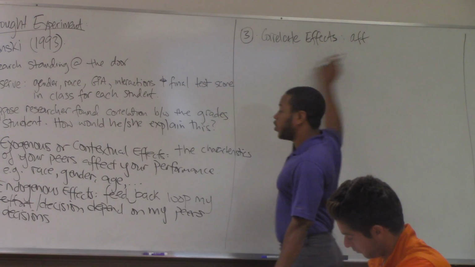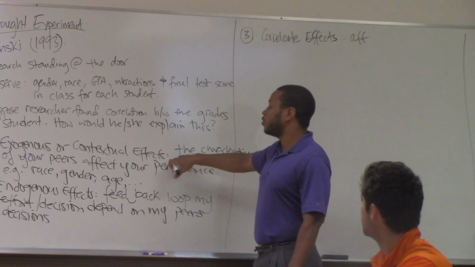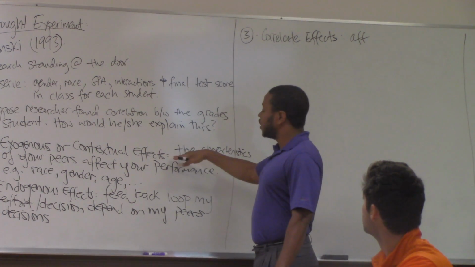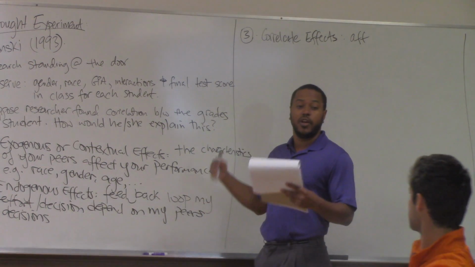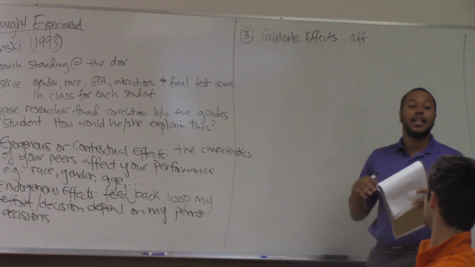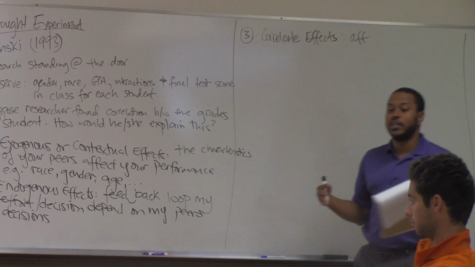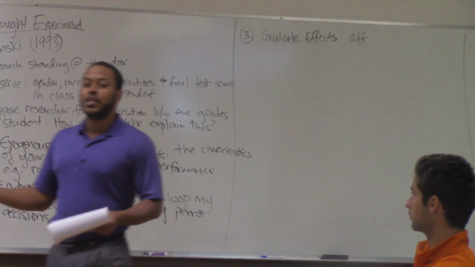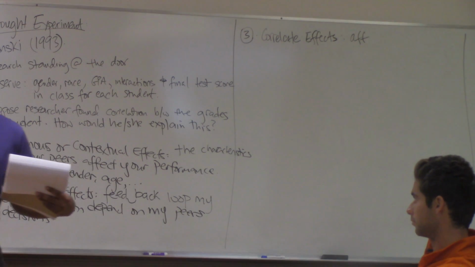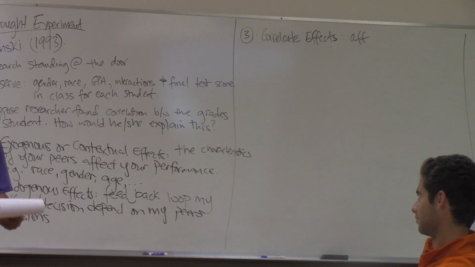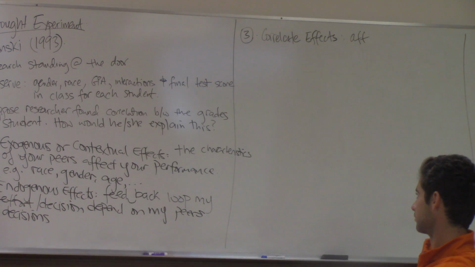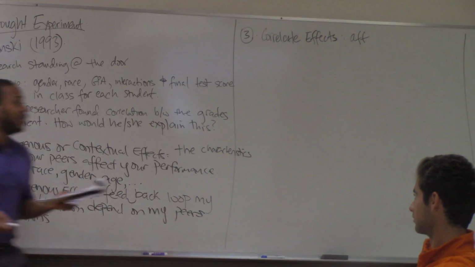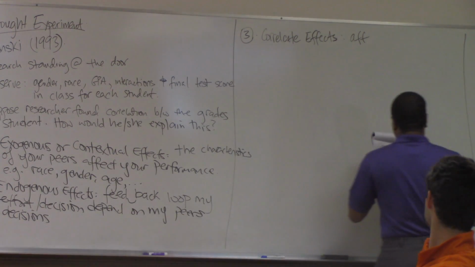The difference between the correlated effects and the exogenous or contextual effects is that the exogenous effects are just attributes or characteristics of the people or the situation, right? The correlated effect is something that they all commonly experience. So for example, you may all be doing amazingly in this class because I'm an awesome teacher, right? That's a correlated effect. Or it could be that there's someone outside tapping on the door during your exam, and we see that everybody does poorly because that person's tapping on the door. So this is a correlated effect.